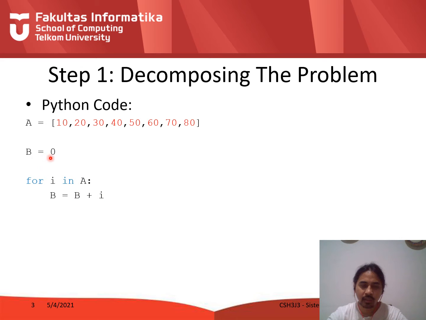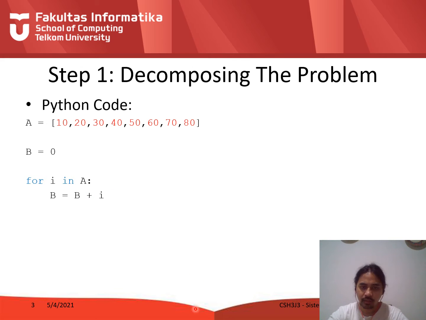B is first 0, so 0 equals 0 plus I, where the first member is 10, so 0 plus 10, and B is now 10. Then 10 is added to the next member, so 10 plus 20 and so on, it becomes 30.